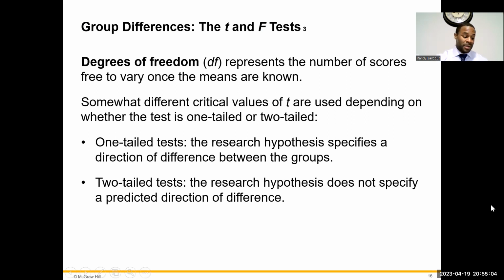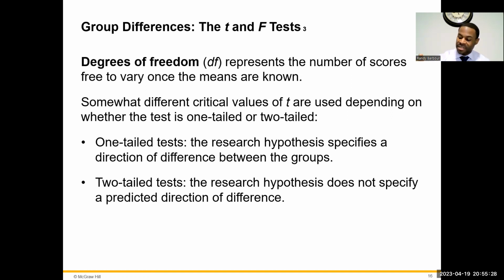Whatever the total of the scores is, you divide it by 10 and I get my 5.20. So if I know that 9 of those scores are free to vary one way or the other, they can be any value.